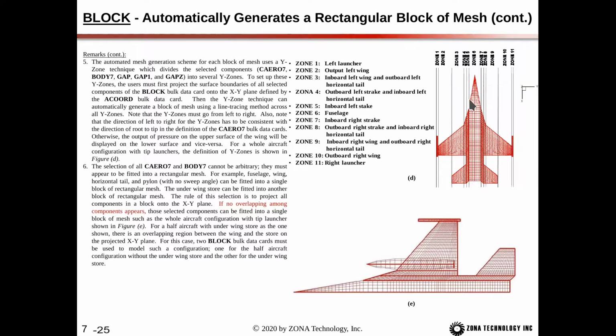So this body 7 here is in zone 6. So the left and right boundaries of Y zone 6 will become the left and right boundaries of this body box. So if this body box penetrates outside of the Y zone, that's fine. That's okay, because we're just going to map the slopes of the body onto the resulting body box.